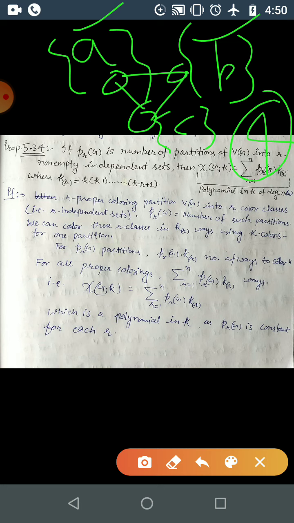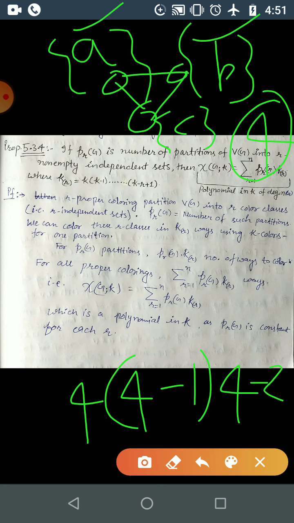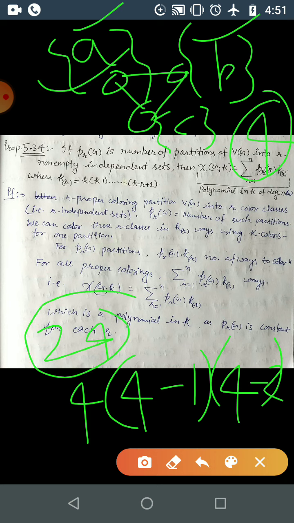So it will be K into K minus 1 and so on, this is 4 into 4 minus 1 into 4 minus 2, correct. So it will be 24. So 24 ways you can color this, okay. And if the number of such partitions is also given as 2, then it will be 2 into 24, because 24 for the first partition and 24 for the second partition. So then it will be 48, correct.